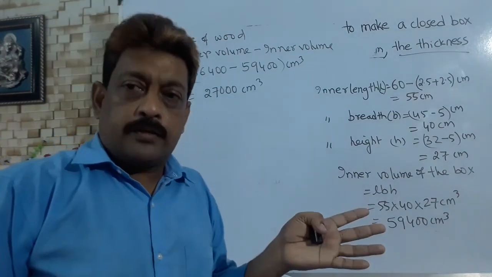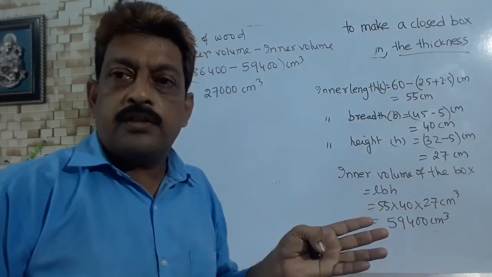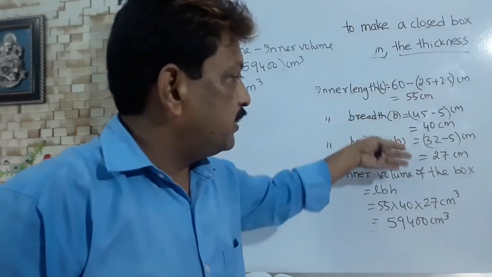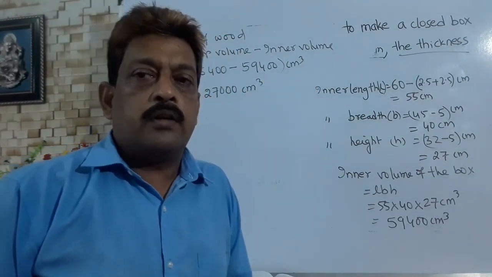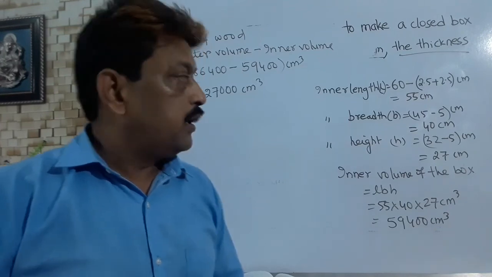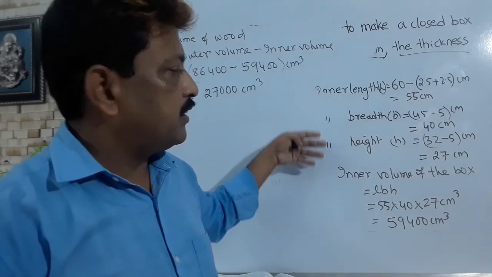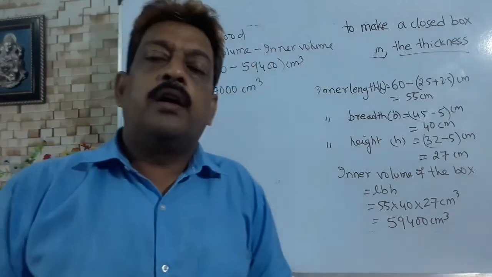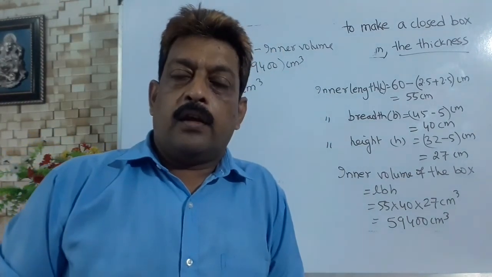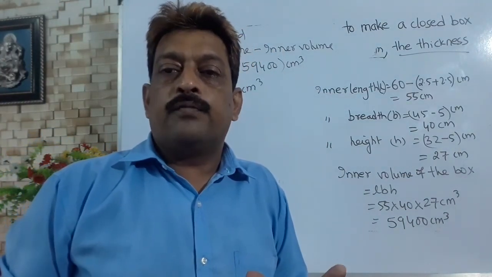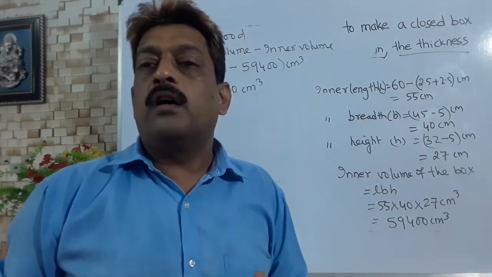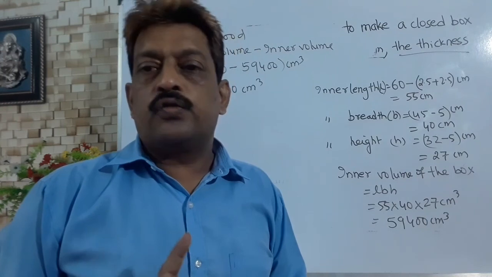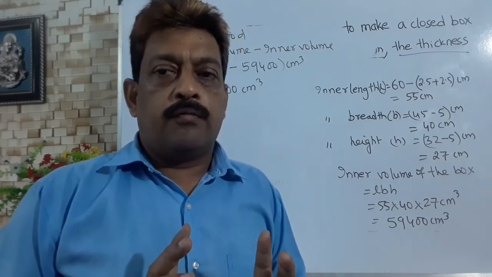If the outer dimension is given, then we have to subtract the thickness of the wood from outer length, outer breadth and outer height, then we will get the inner length, inner breadth and inner height. So we can calculate the inner volume of the box, and then outer volume of the box minus inner volume of the box will give us the volume of wood used to make the box.